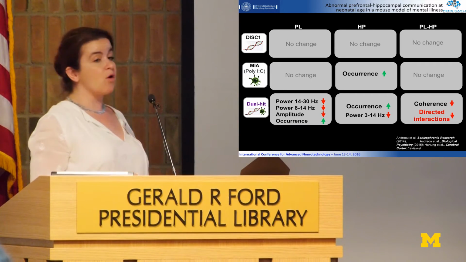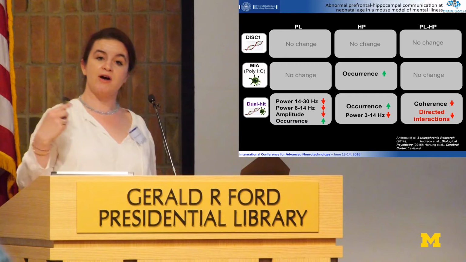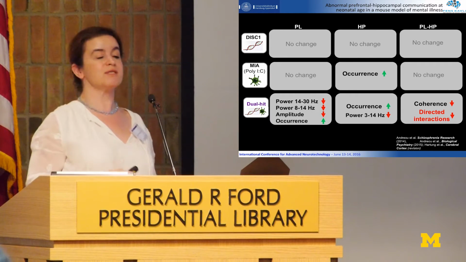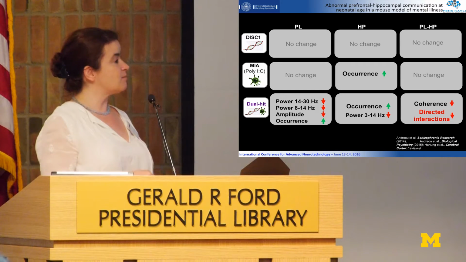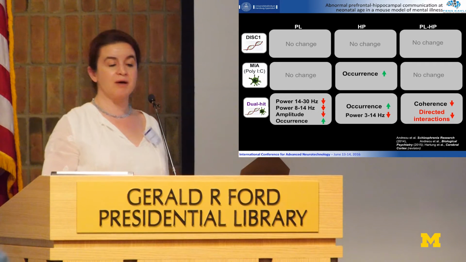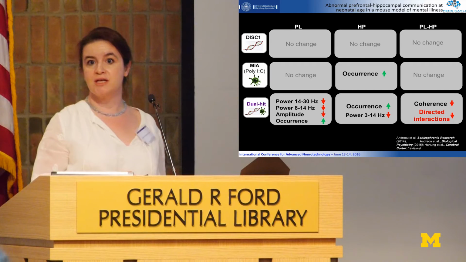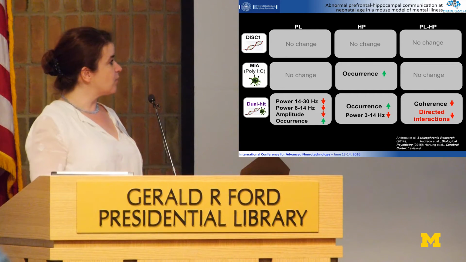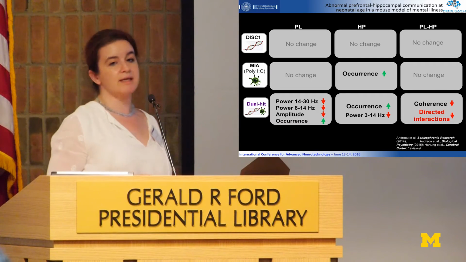We used a so-called environmental model, where an environmental stressor was the factor causing the disease. We used maternal immune activation by mimicking a viral infection in the mother during pregnancy, during gestation, and then looked at the pups. And we combined these two factors in a so-called dual hit.